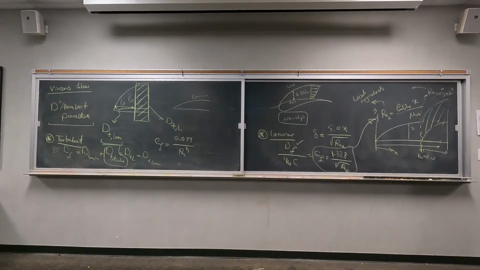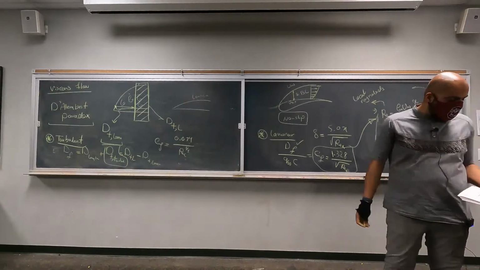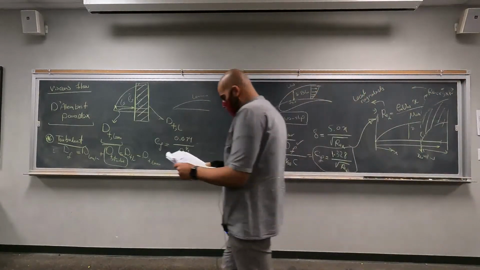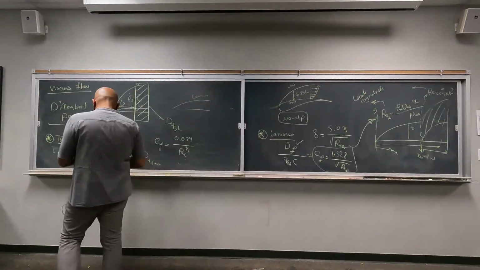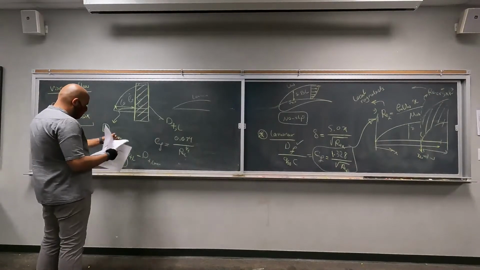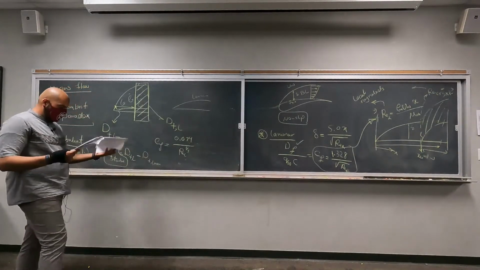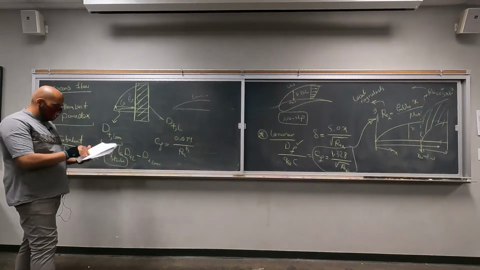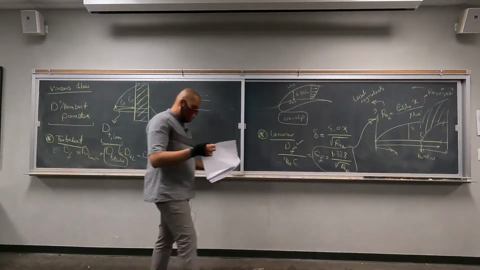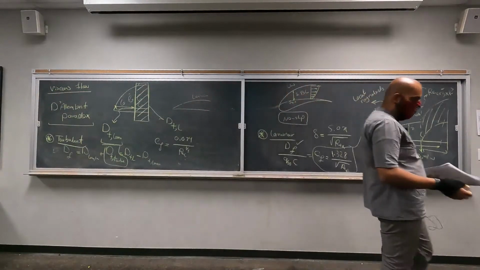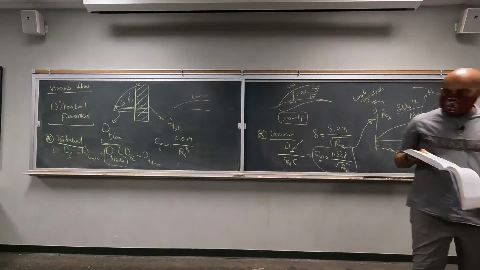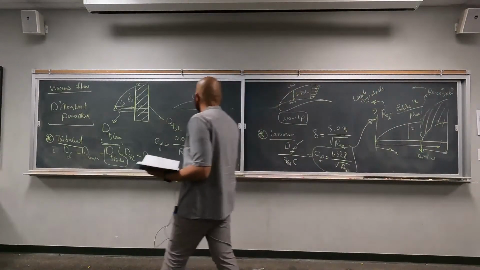One thing that I forgot to mention is how we calculate the location of the aerodynamic center. The location of aerodynamic center is calculated using this formula. I'm just going to give you the formula, and hopefully you will remember this. I always forget this for whatever reason.